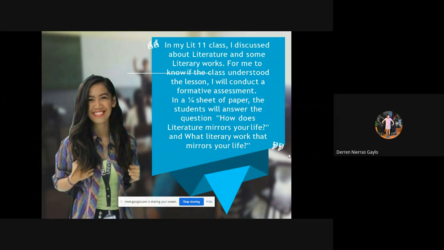And what literary work mirrors your life? Therefore, in the responsive characteristic, there's a need for a formative assessment. So the teacher conducts formative assessment for it to be responsive to what the students know and can do.